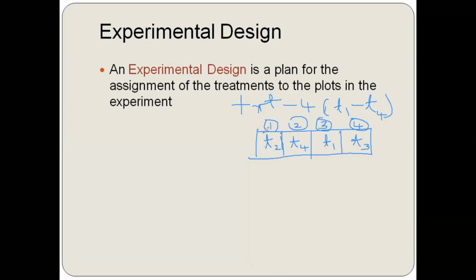Why? Because if you look at this, for example, this is T1. We are allocating T2 to the second experimental unit, T3 to the third experimental unit, and T4 to the fourth experimental unit. Can you tell me where you can see the real randomization occur? Whether it is in situation A or situation B, where does the randomization really happen?